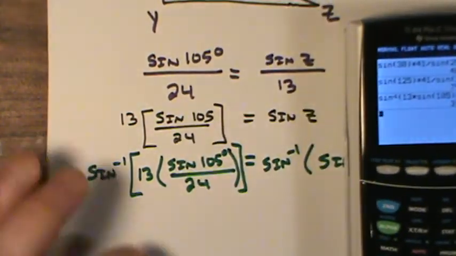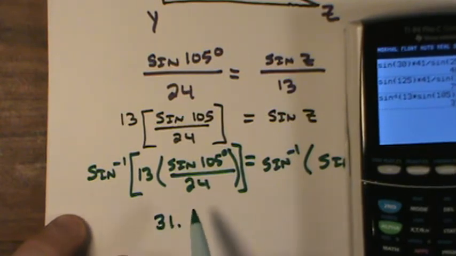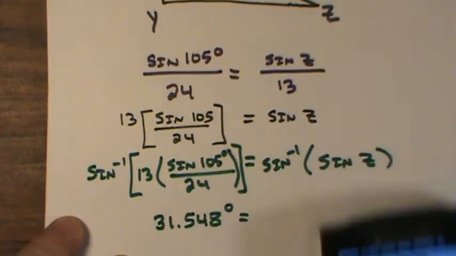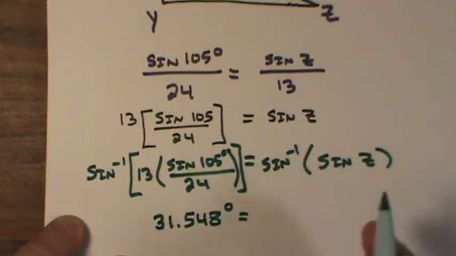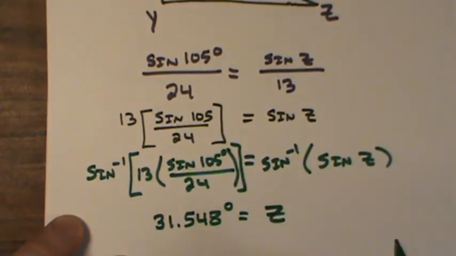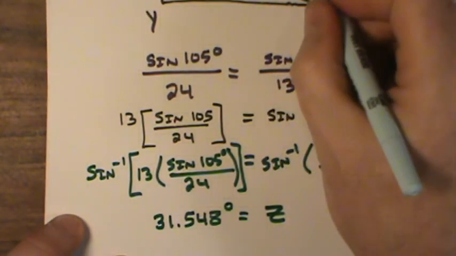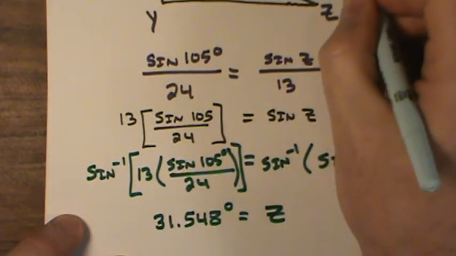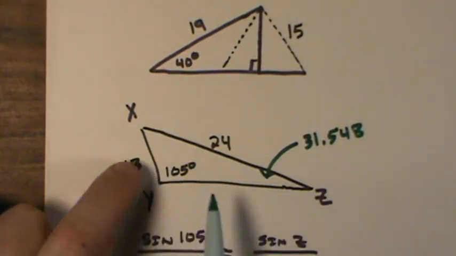That gives me an angle of 31.548 degrees is equal to, now on this side, when you arc sine a sine, those cancel out. You'd just be left with angle Z. So I now know that this angle is 31.548.